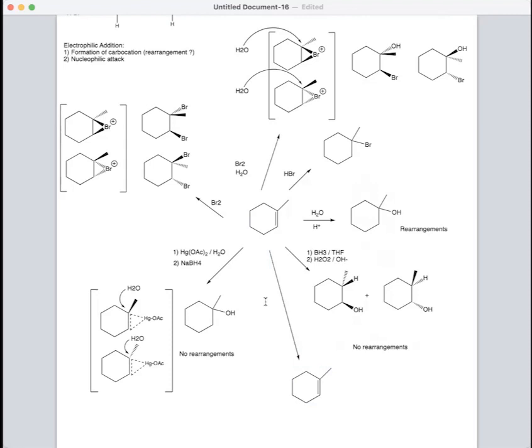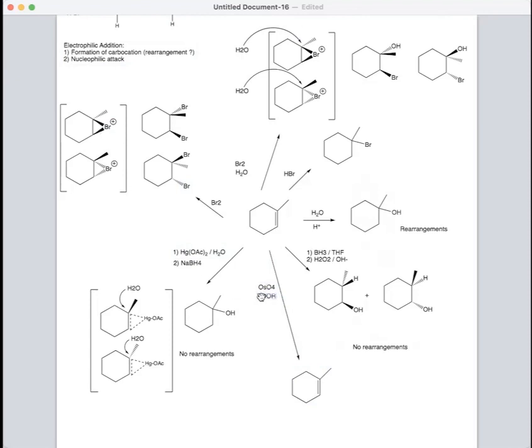Let me write the reagents here. We usually do these reactions in the presence of peroxides, a catalytic amount of peroxides, to regenerate the osmium tetroxide.